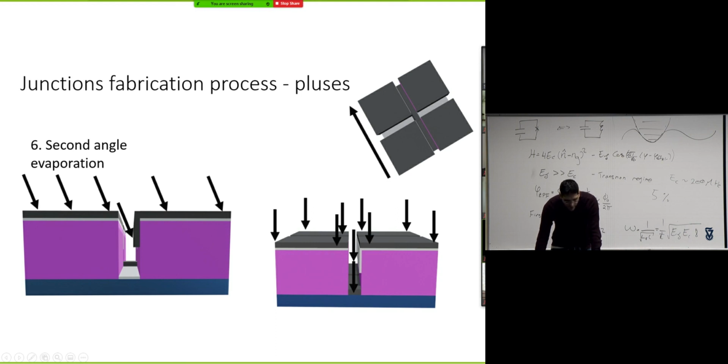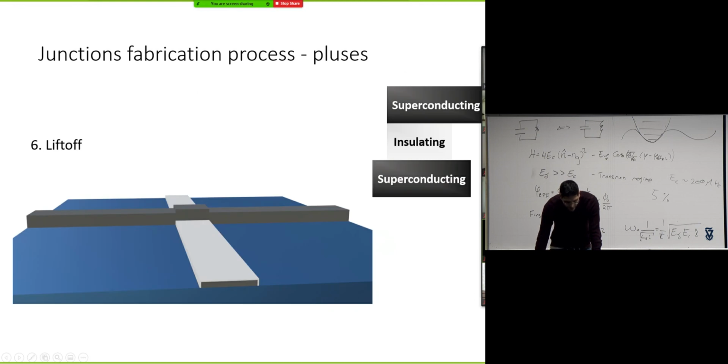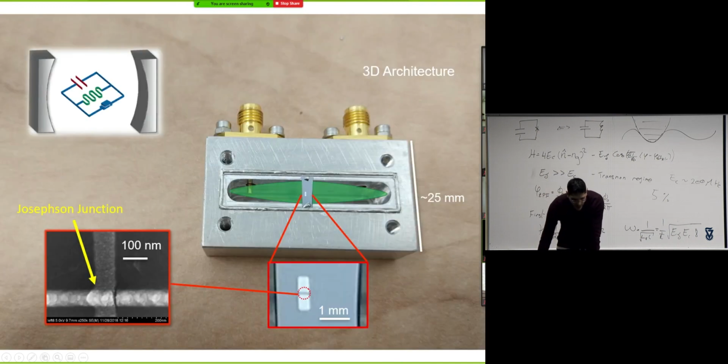And when you evaporate from 90 degrees to it, you now get, on top of the oxidized strip, another strip. And if you make it thick enough, it will kind of climb on top. So eventually you get this superconductor, very thin insulator, superconductor sandwich. And this is how you achieve in fabrication the Josephson junction. Okay, so this is what it looks like.